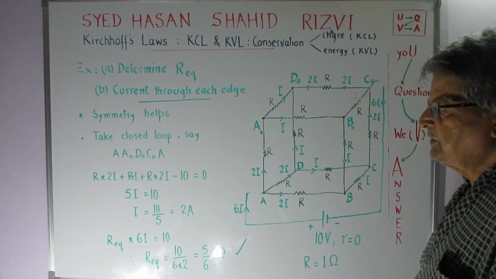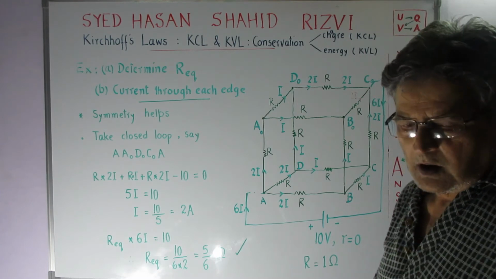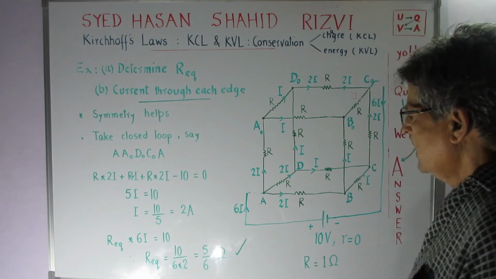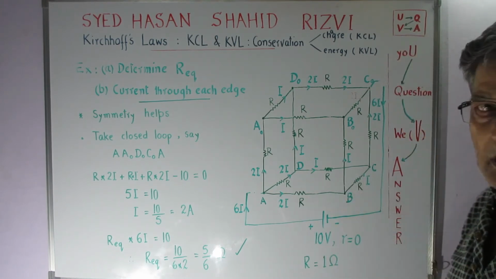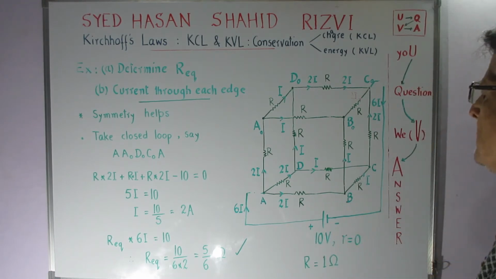So let us take a closed loop, okay, let us take a closed loop, including this branch which carries the cell.